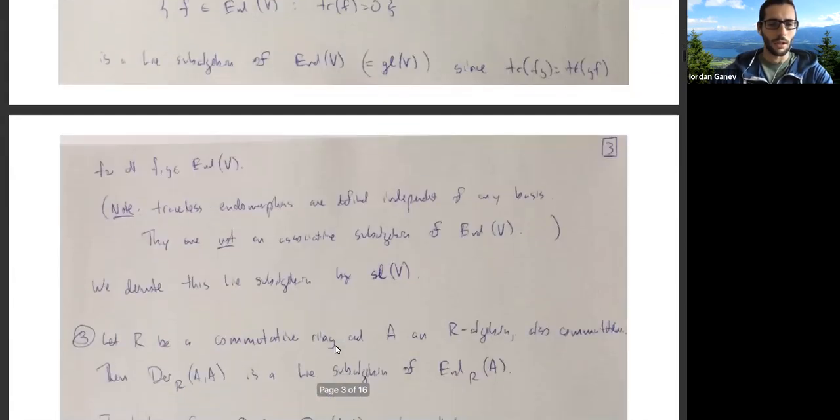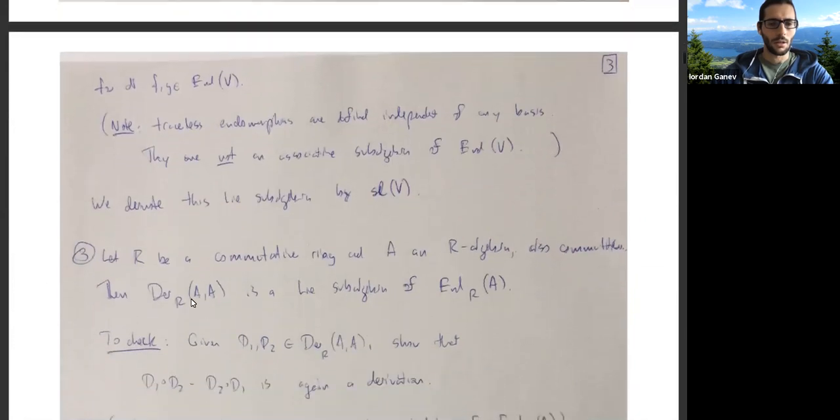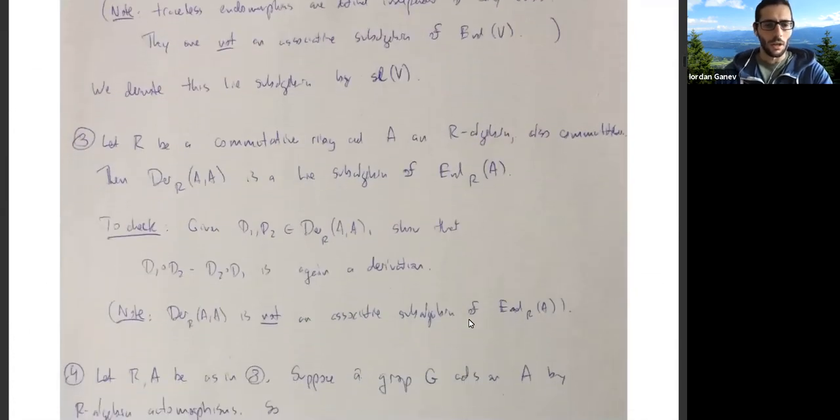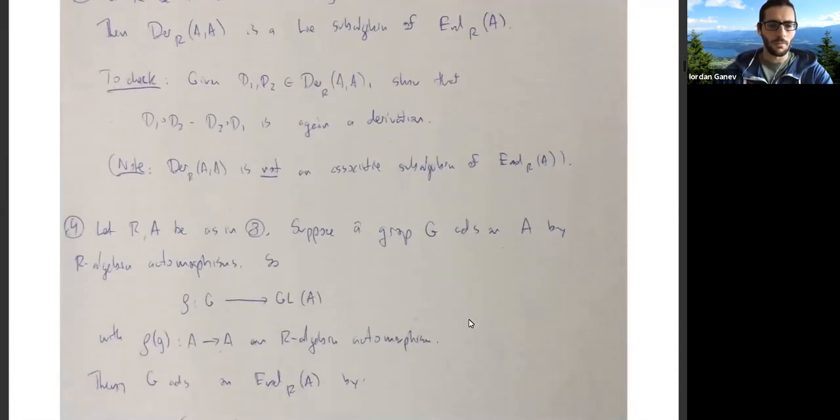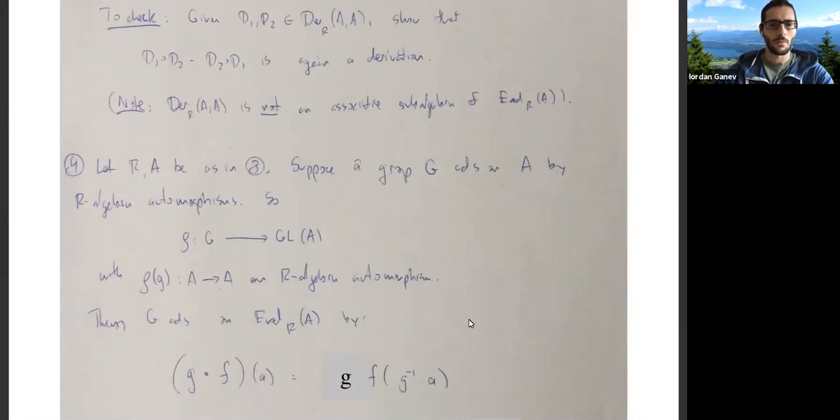And similarly, if we had the derivations of an R algebra, those form a Lie subalgebra of all R linear endomorphisms of the algebra. And if we have a group action, then the endomorphisms that commute with the group action also form a Lie subalgebra of the endomorphism algebra.